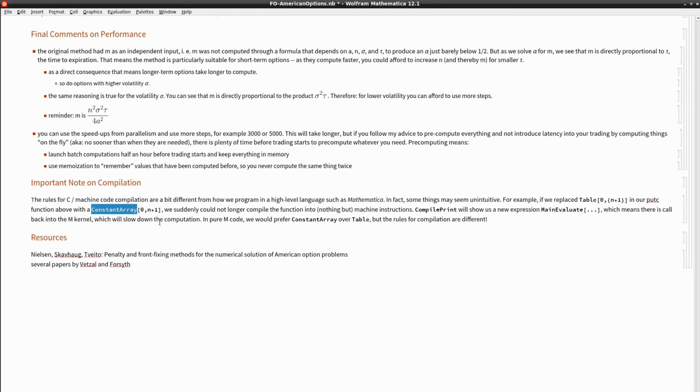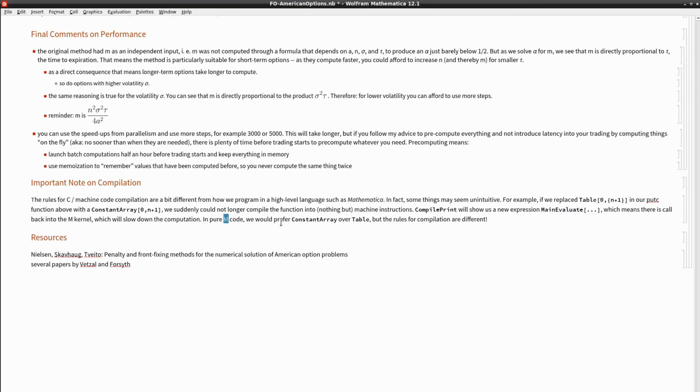which is how we would use this typically in Mathematica code, then we suddenly could no longer compile the function into nothing but machine code instructions. So if you replace this table with this constant array and do a compile print, then you will see that you now have a new expression main evaluate in it, which means there is a callback into the Mathematica kernel, and that will slow down the computation.